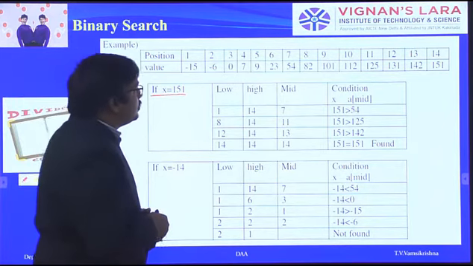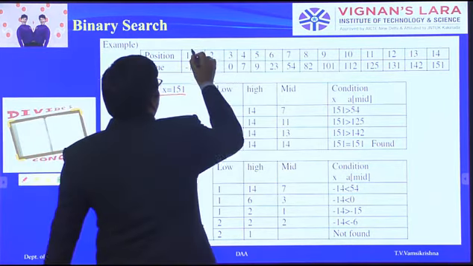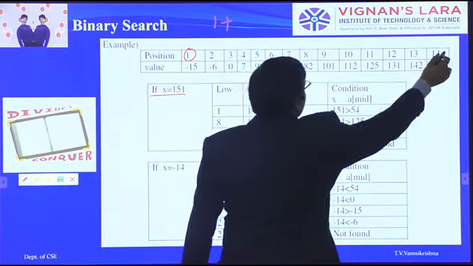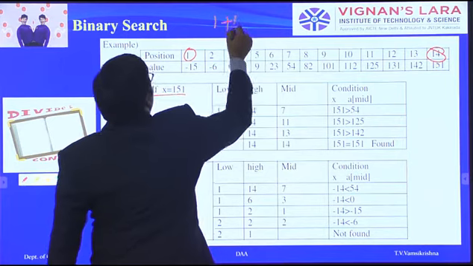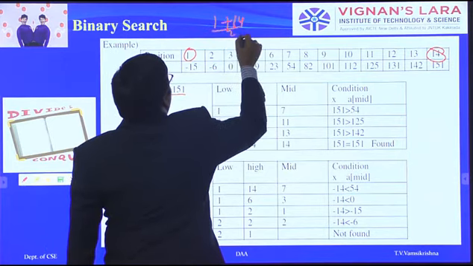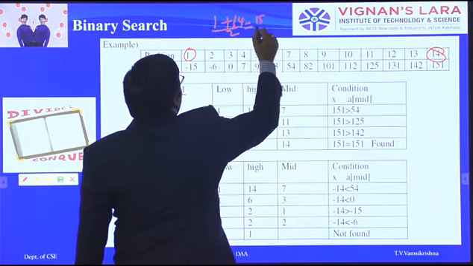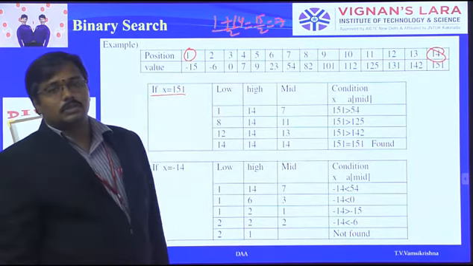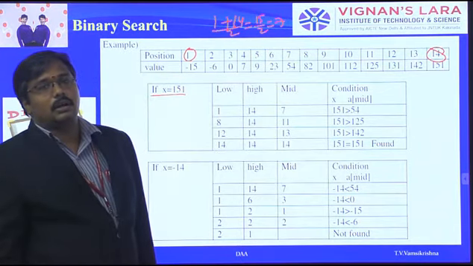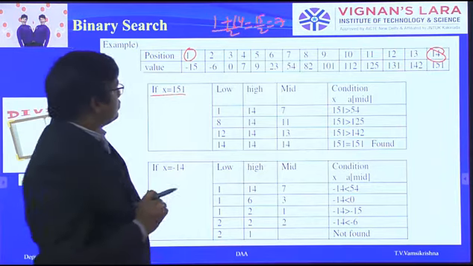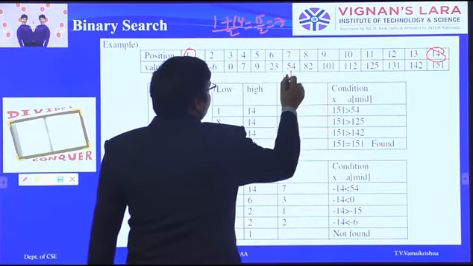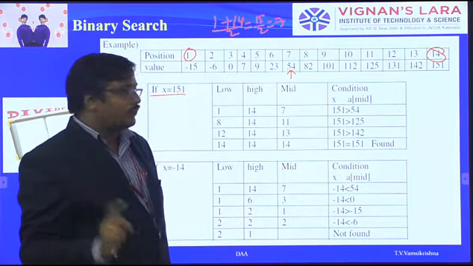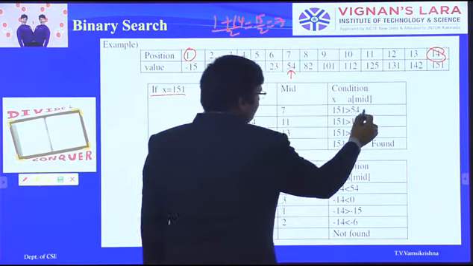The starting index is 1 and the end index is 14. So 1 plus 14 is 15, divided by 2, gives 7. So 7 is identified as the mid position. We need to check whether 151 is equal to 54 or not.